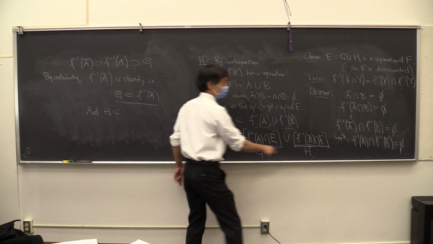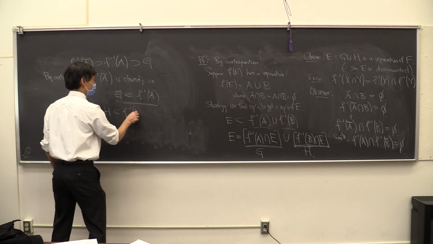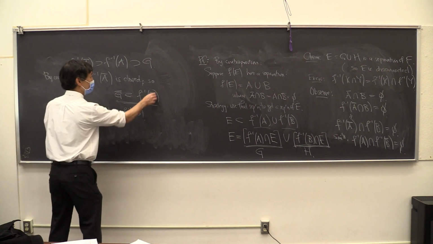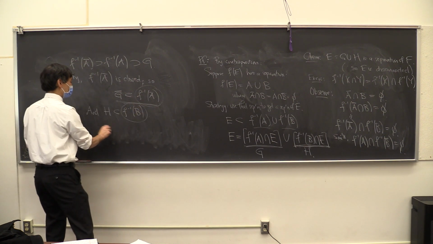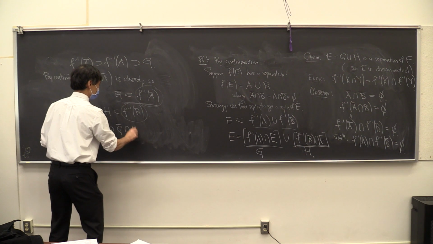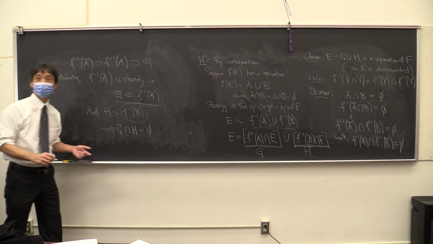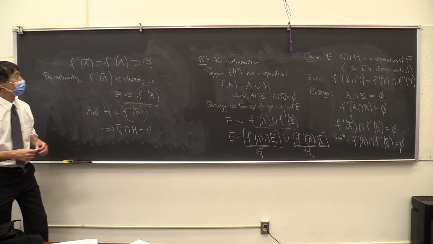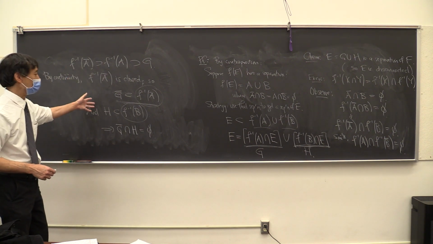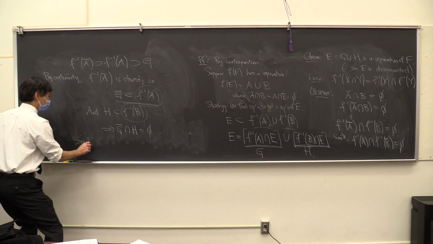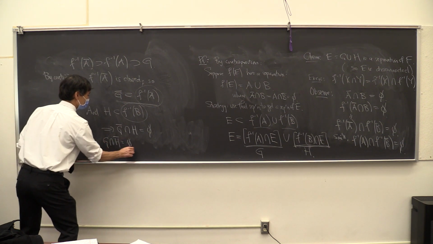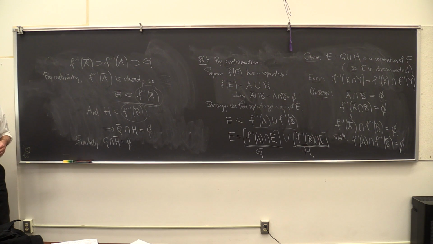H was this guy. This guy sits inside of F inverse B. Those were disjoint, so we know that G bar intersects H is also disjoint. We do exactly the same argument in the other order, so similarly we get that G intersects H bar is empty, and so we've got a separation of E.